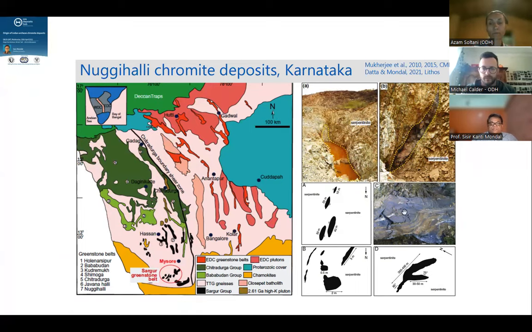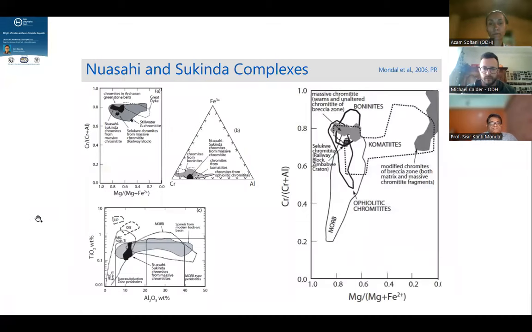They are deformed as well. And if you see the chemistry of these chromites, in the case of the Nuasahi and Sukinda complexes, here I'm basically giving some ideas about the composition of the unaltered chromite from massive chromitites.